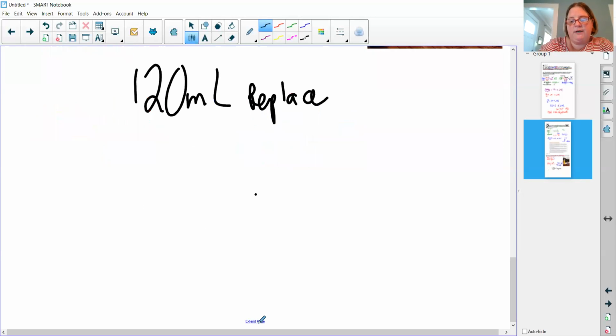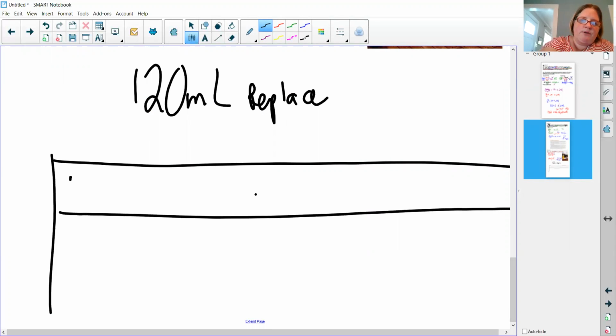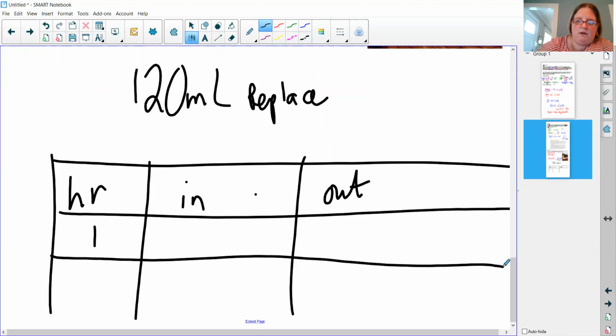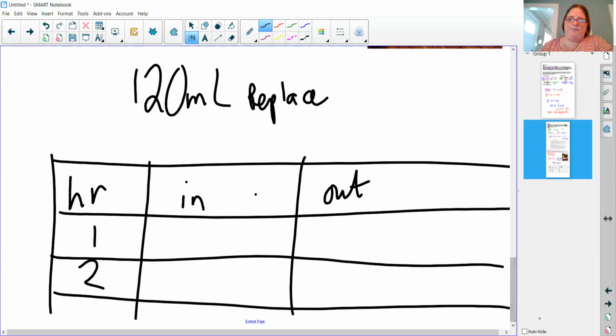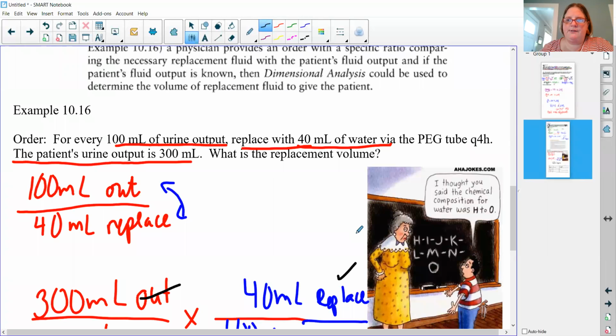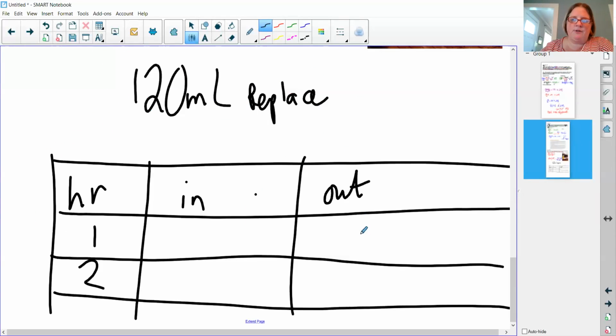If I don't want to use dimensional analysis, you can make yourself a chart with input and output.